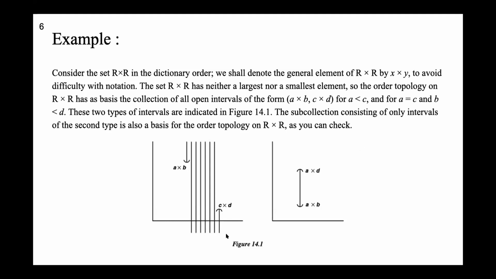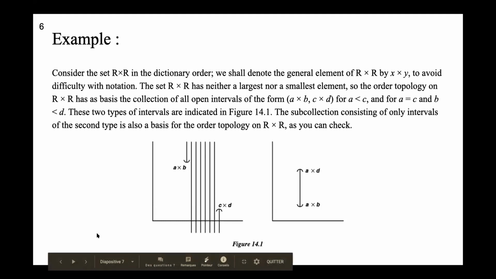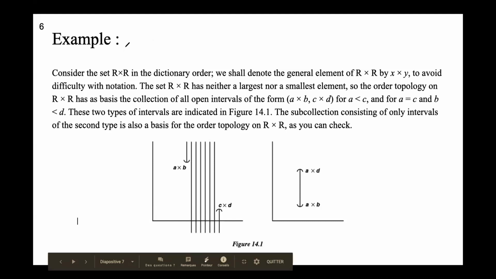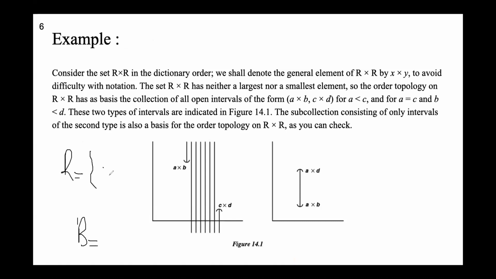Then I think the basis would be the union of all intervals in R, of all types. Okay, one second. Let's say that R is equal to elements A, B, etc. It's an infinite set.